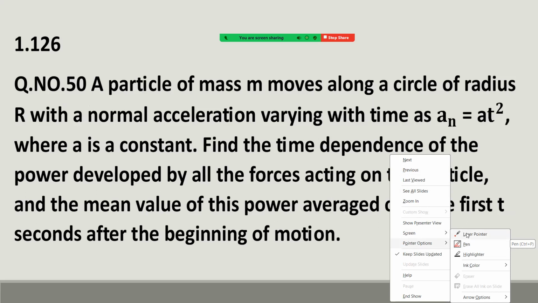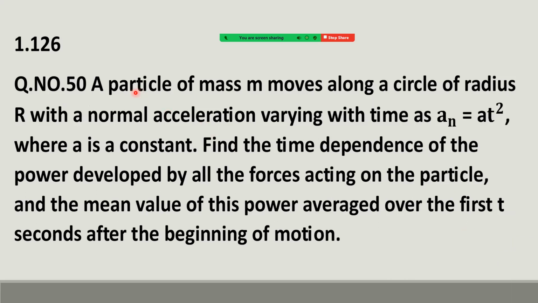Let's see the question given. A particle of mass m moves along a circle of radius r with a normal acceleration varying with time as a_n equal to at square, where a is a constant.